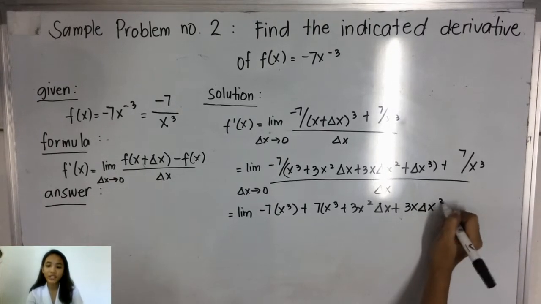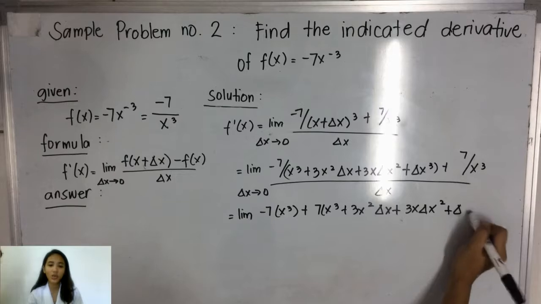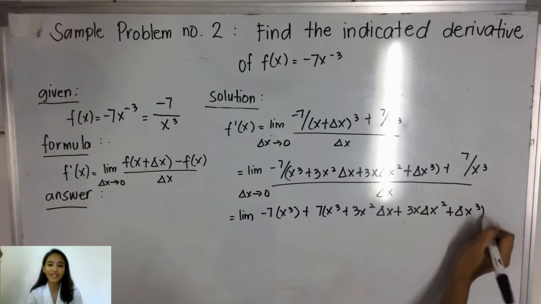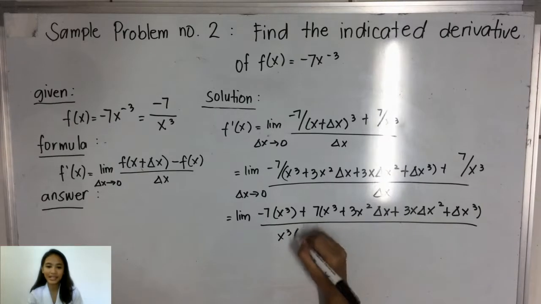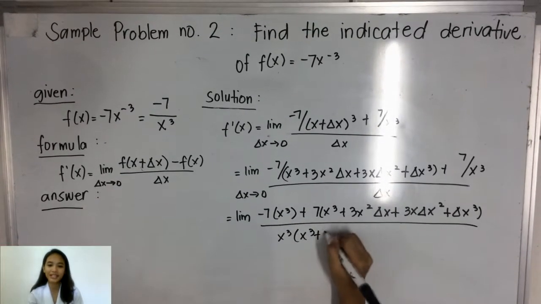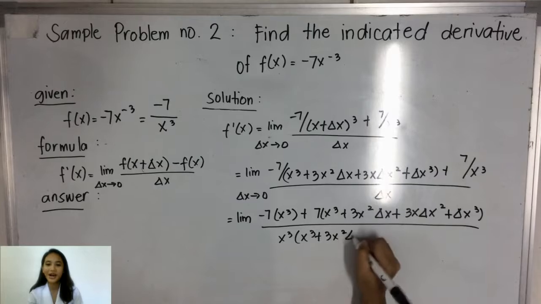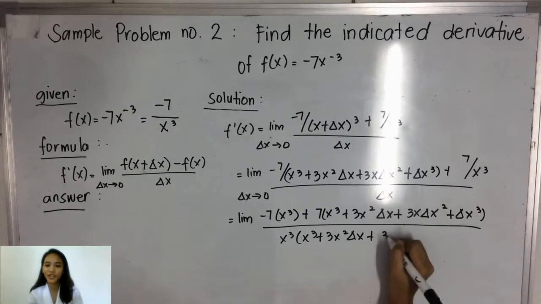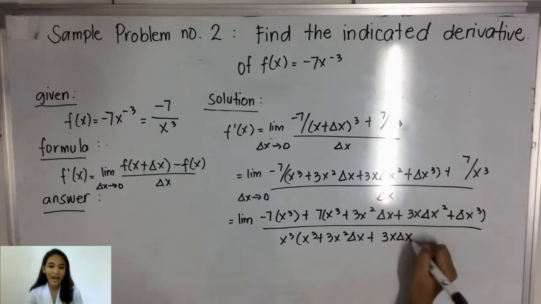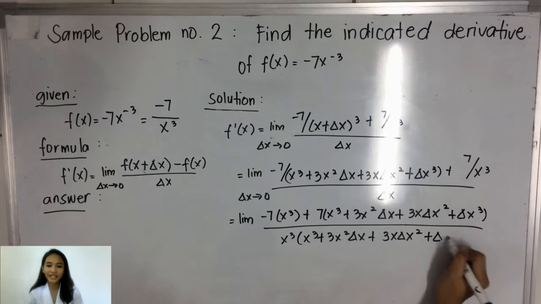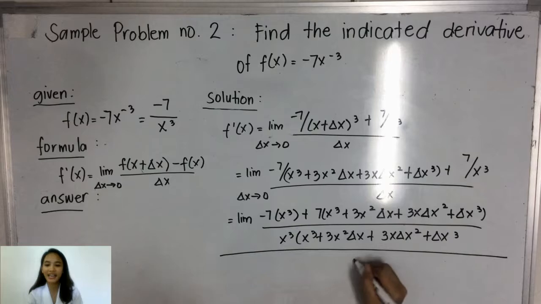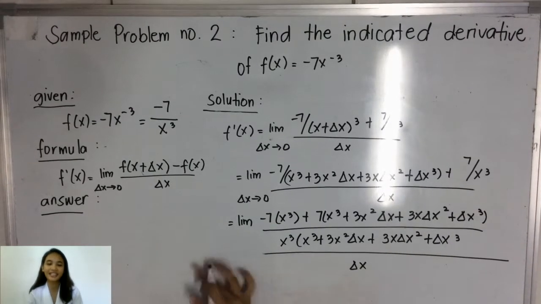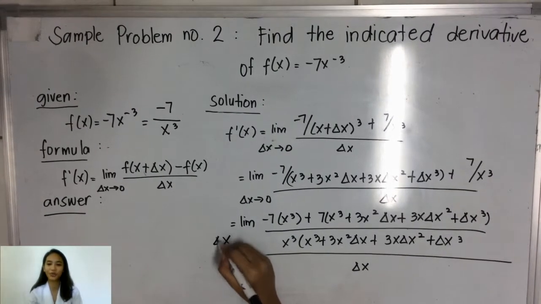Now, we have here f prime of x equals the limit of negative 7 times x cubed plus 7 times x cubed plus 3x squared delta x plus 3x delta x squared plus delta x cubed, over x cubed times x cubed plus 3x squared delta x plus 3x delta x squared plus delta x cubed, over delta x as delta x approaches 0.